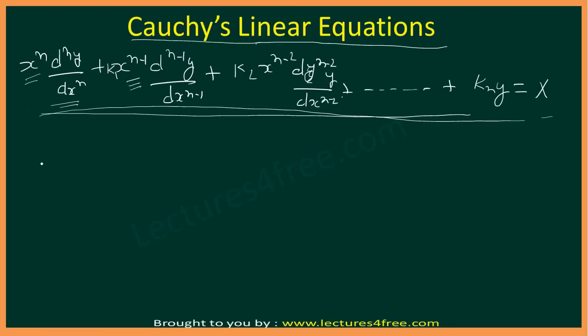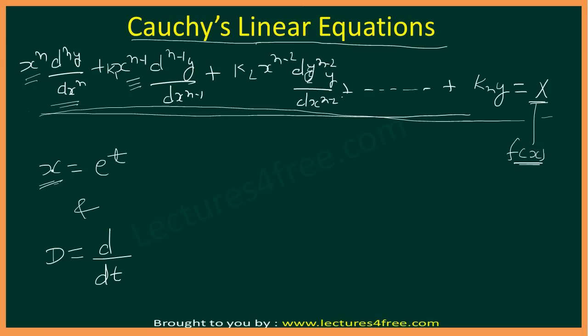Our first assumption is x is equal to e to the power t, and our second assumption is capital D is equal to d upon dt. Let's concentrate here: it is a small x, not the capital X. Here capital X is representing the function of x. So we are assuming small x is equal to e to the power t, and capital D is equal to d upon dt.